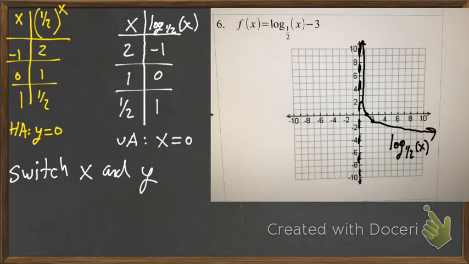So this is going to be a vertical shift down 3 units. If we slide that vertical asymptote down 3 units, it's still going to be in the same location. So we're going to go down 3, and the vertical asymptote is still going to be x equals 0. Okay, so slide those 3 points down 3 and label your graph.